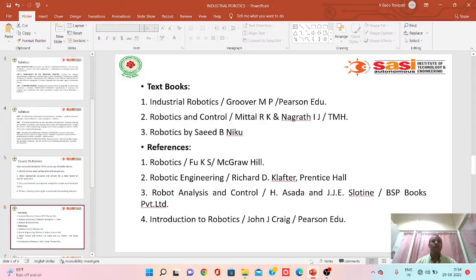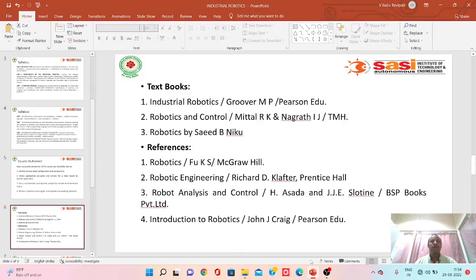And then textbooks we recommend. Industrial Robotics by Groover is one textbook where we will cover the first unit, then the second unit, and then the last unit, the sixth unit. First, second, and sixth units will be covered in the Groover textbook. And Robotics and Control is the second book.